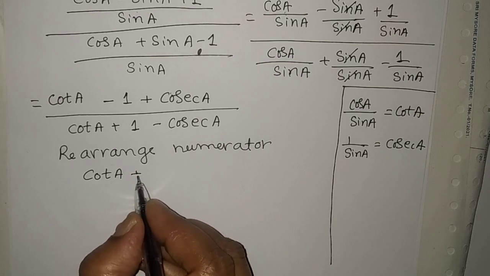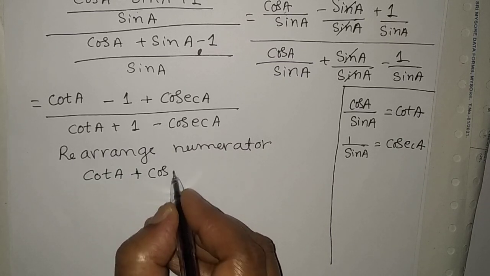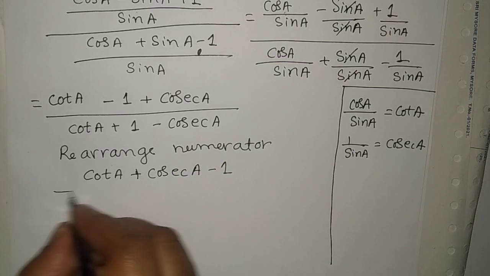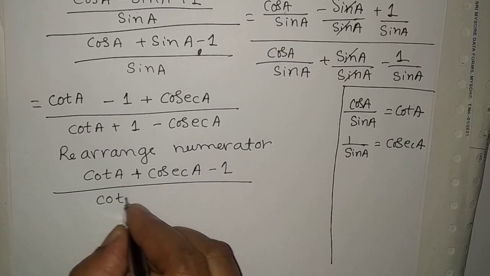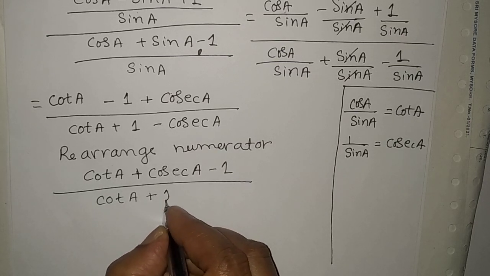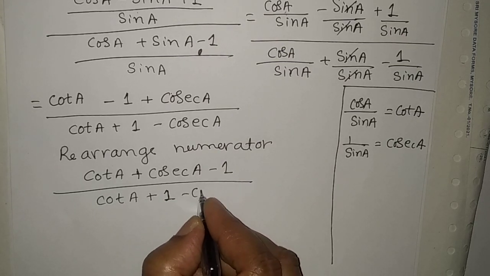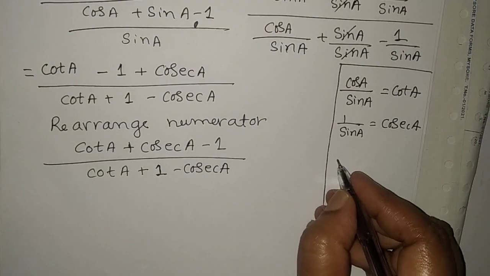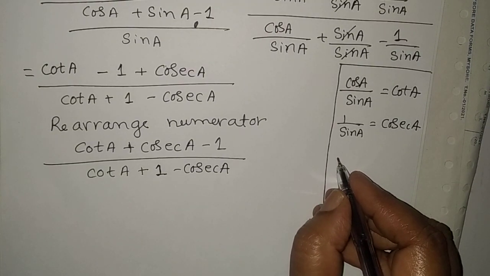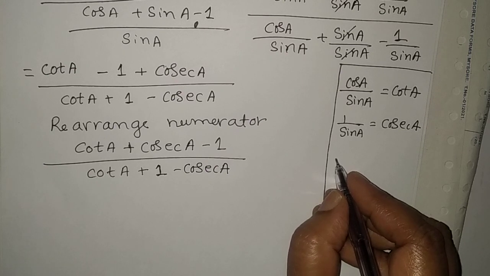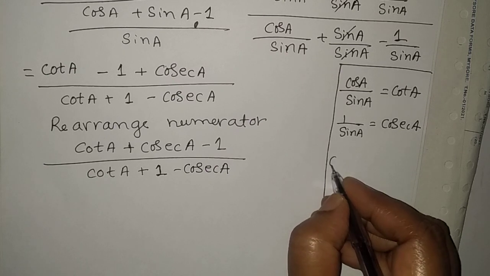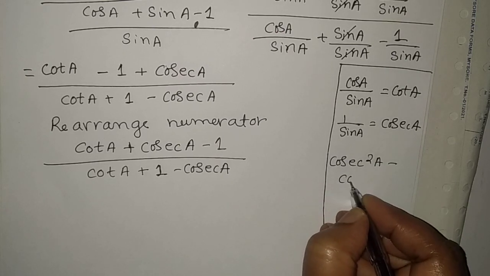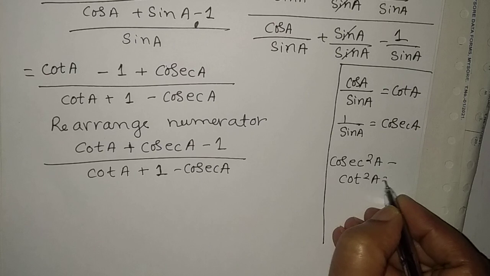Cot A plus cosecant A minus 1, by cot A plus 1 minus cosecant A. So we know that cosecant square A minus cot square A is equal to 1.